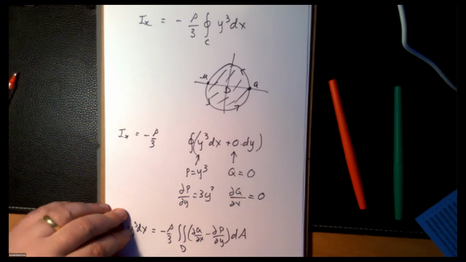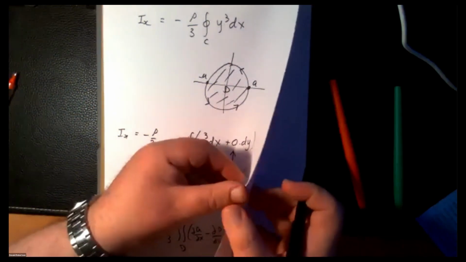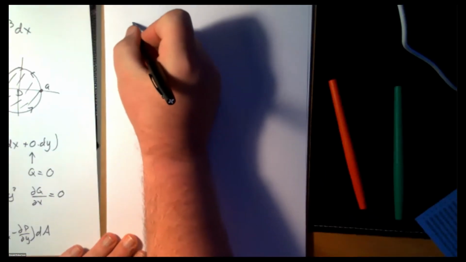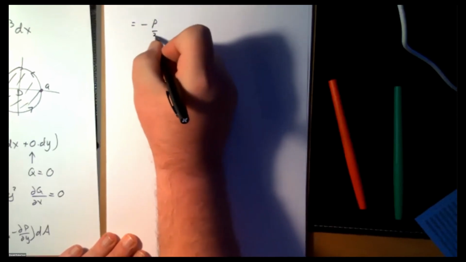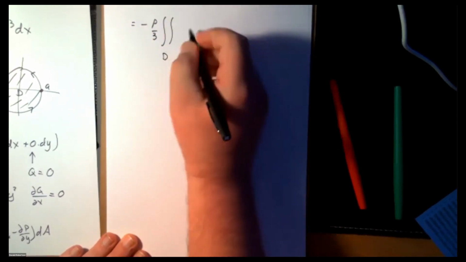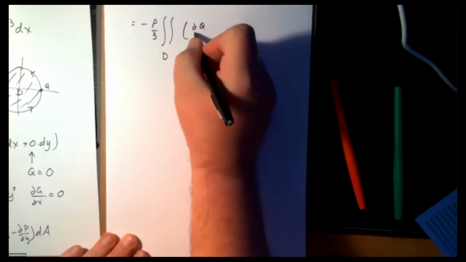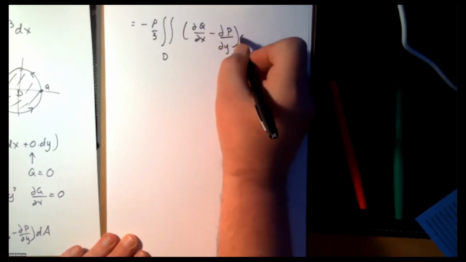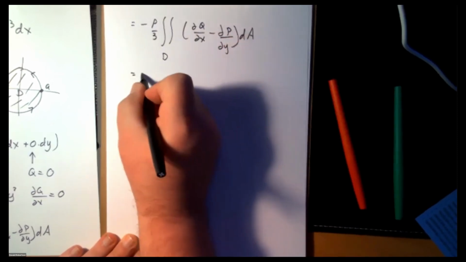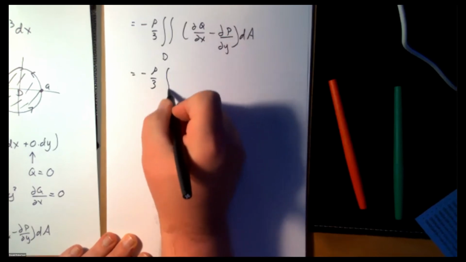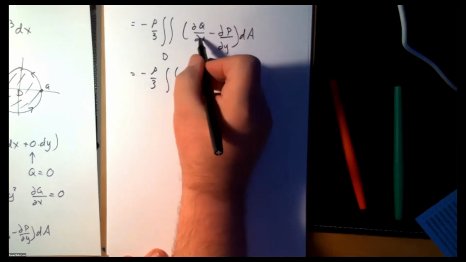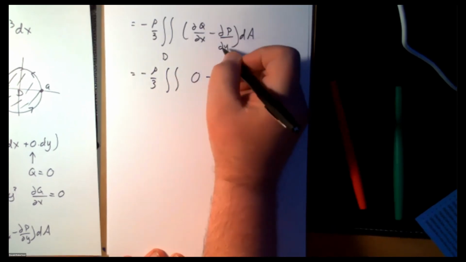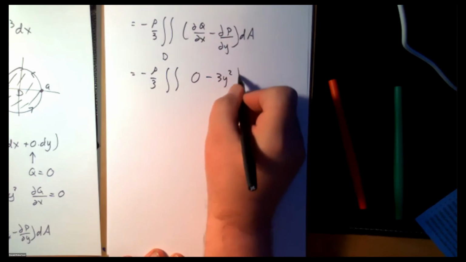Okay. Now, I'll rewrite this just so I've got something to compare it against. So I'm just rewriting the last line. We are looking at dq by dx, which is 0, take away dp by dy, which is 3y squared.